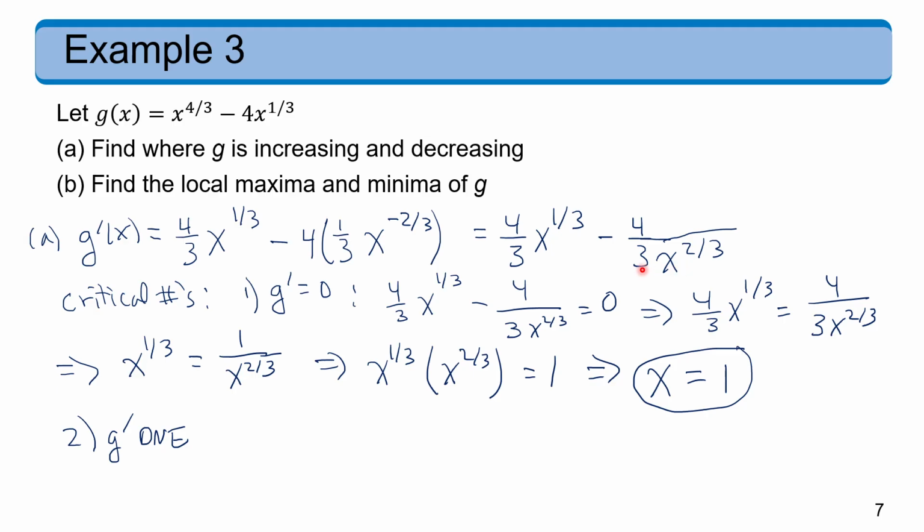But over here we've got an x in the denominator. So any value of x that makes the denominator 0 would make this formula undefined. And so that would be when x is 0, that would result in a 0 in the denominator. So it's undefined if x is 0. So that's another critical number.